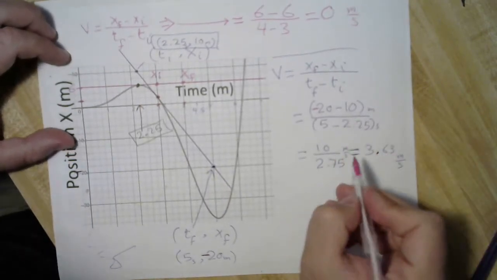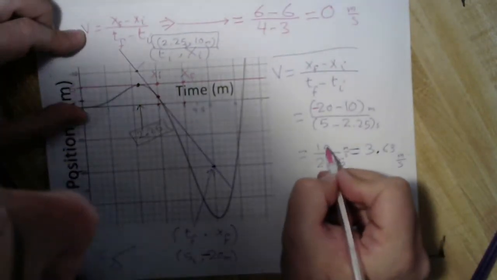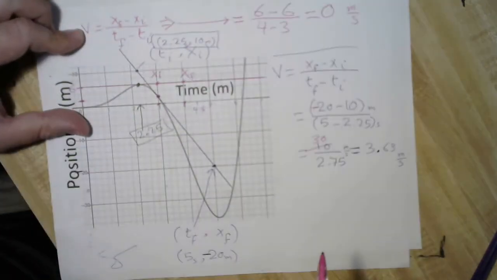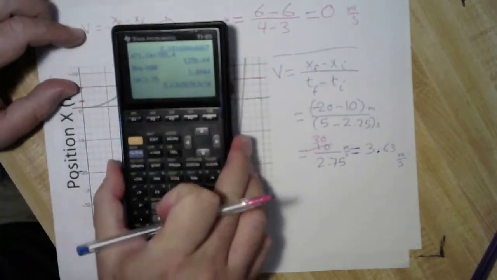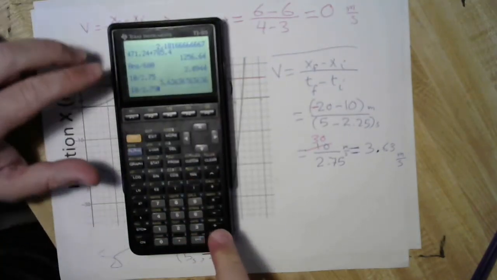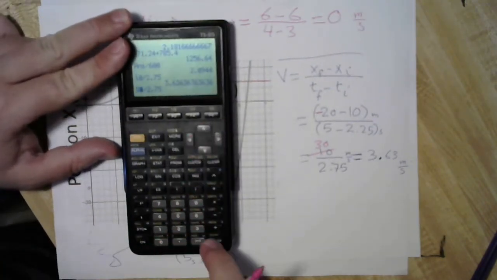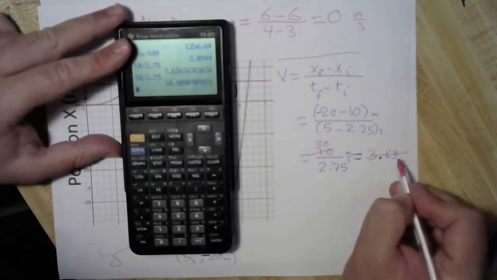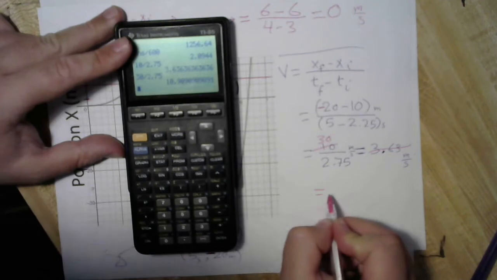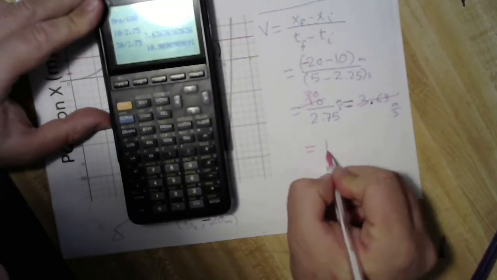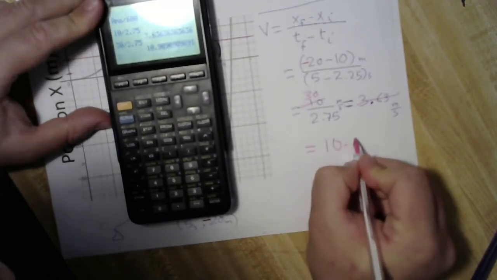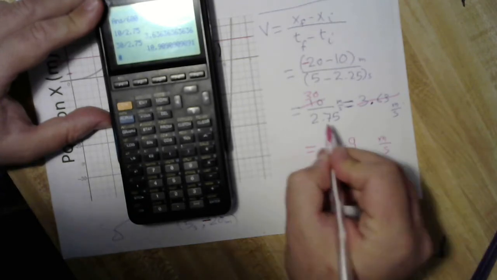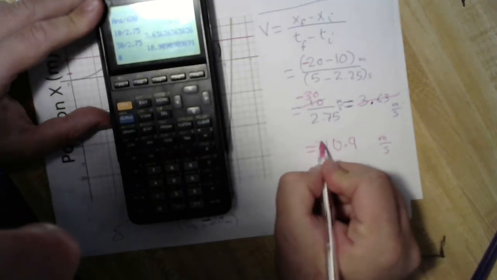In this case it will be 30, not 10, 30. So the final result will be not 3.63. The final, the average velocity will be 10.9 meters per second with a negative sign.